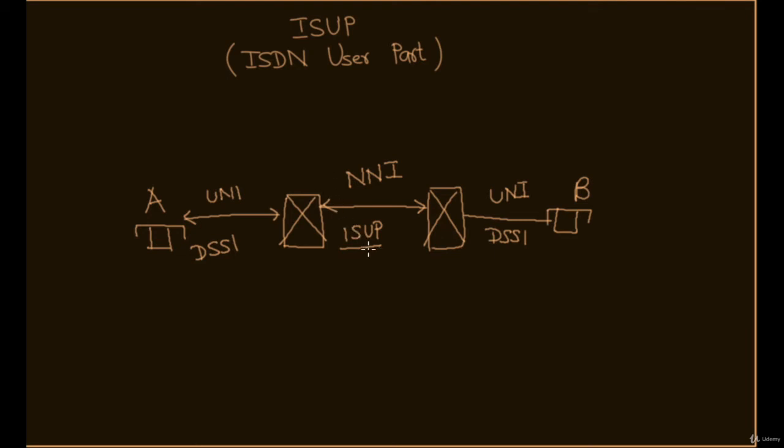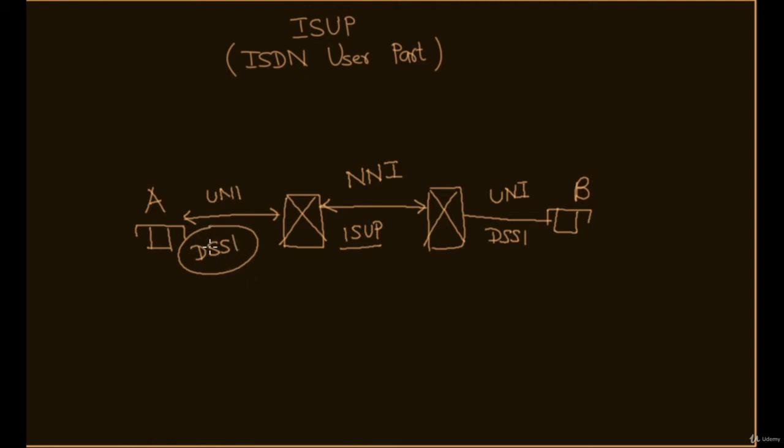Now DSS1 is a typical user network interface protocol. From the API perspective, you can think of it like all the telephone related APIs are there: when the telephone goes off hook, when somebody dials, there is an API for dialing, there is an API for answering the call, and like that.